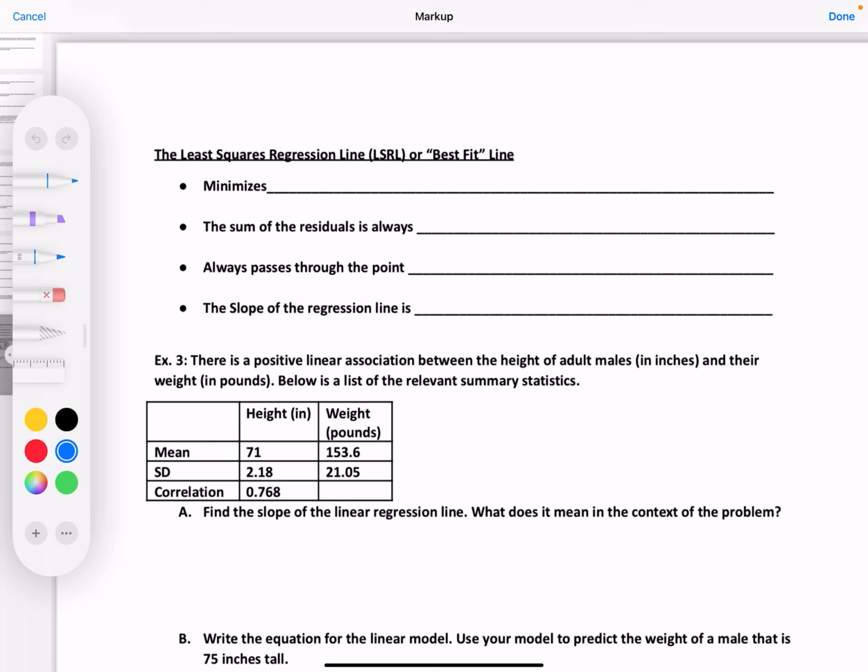All right, so the least squares regression line, or best fit line, minimizes the sum of the squares of residuals. The sum of the residuals is always 0.